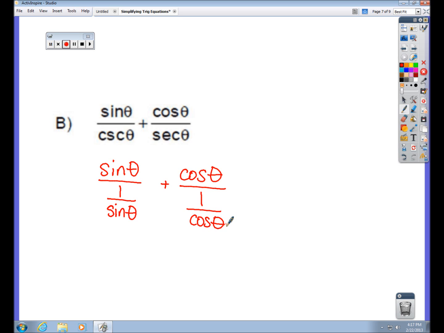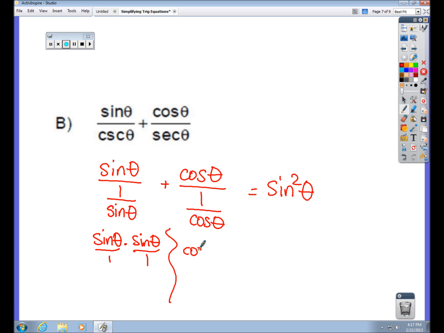So remember, we're going to take the bottom and flip it over. So I would have sine of theta times sine over 1. Okay, and this first one is really sine over 1 also. Sine times sine is sine squared. Okay, let's do the same thing with the second fraction.